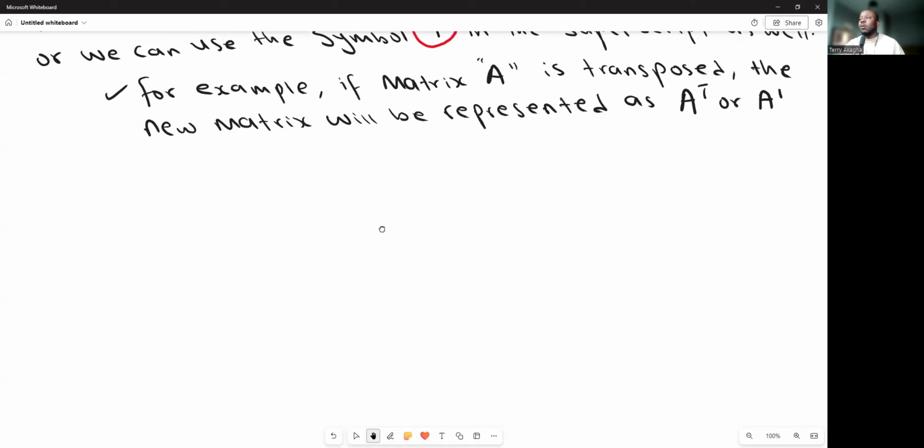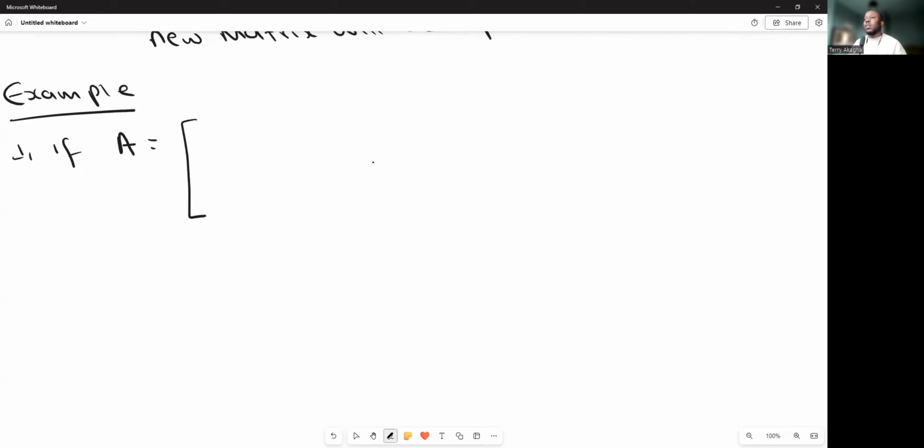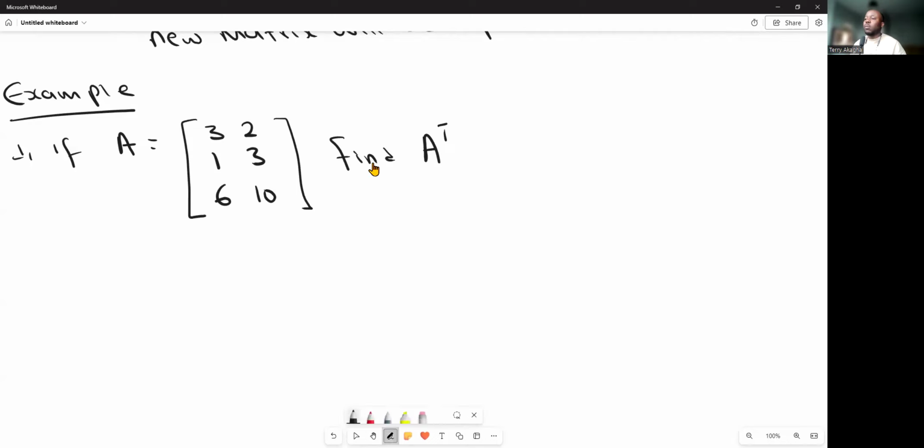So now we can solve some examples. Number one: if a matrix A is 3, 2, 1, 3, 6, and 10, we're now told to find the transpose of this matrix, A superscript T. What you have to do is very simple.